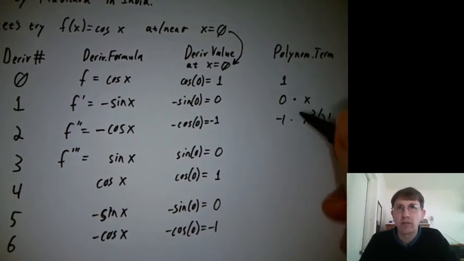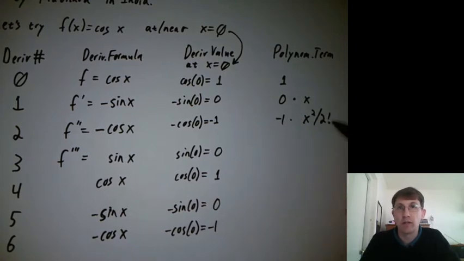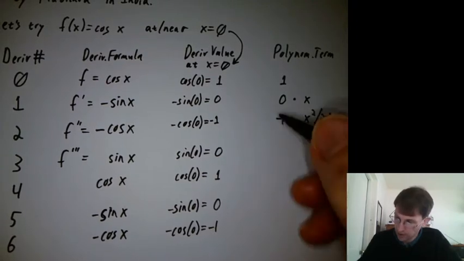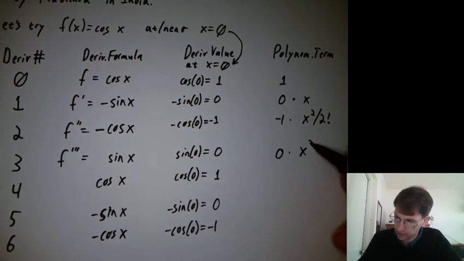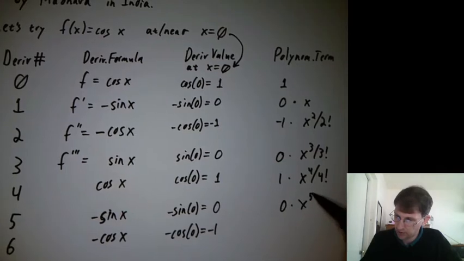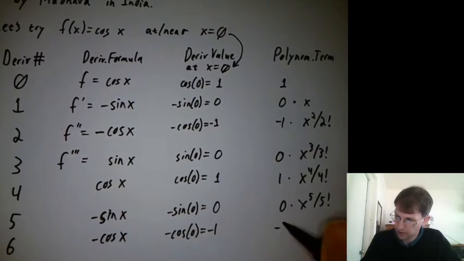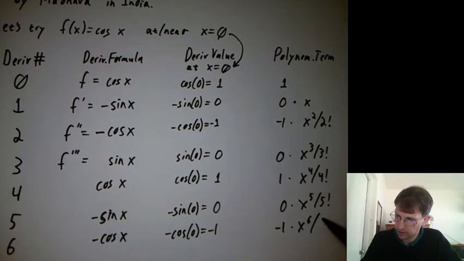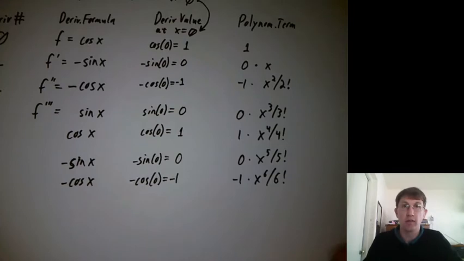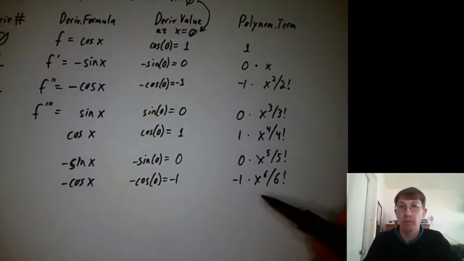And then 0 times x cubed over 3 factorial, 1 times x to the 4th over 4 factorial, 0 times x to the 5th over 5 factorial, and negative 1 times x to the 6th over 6 factorial. So you just add those all up, and that would be your 6th order polynomial approximation.